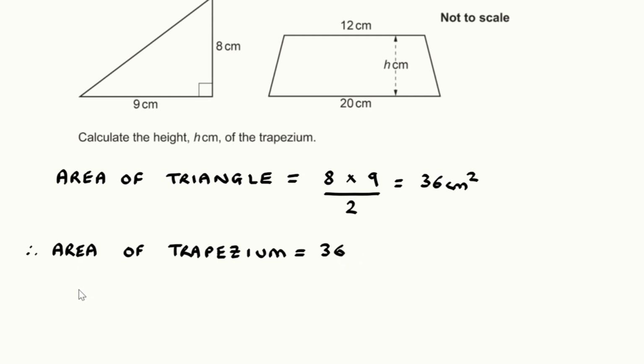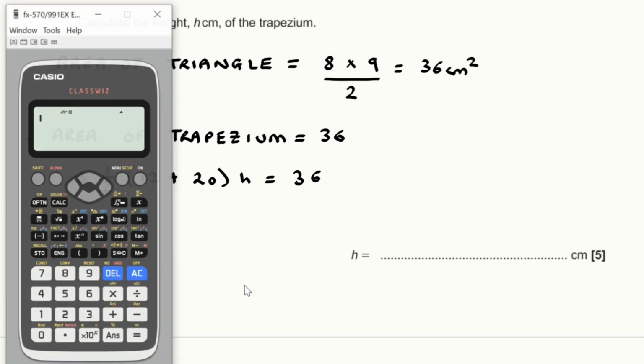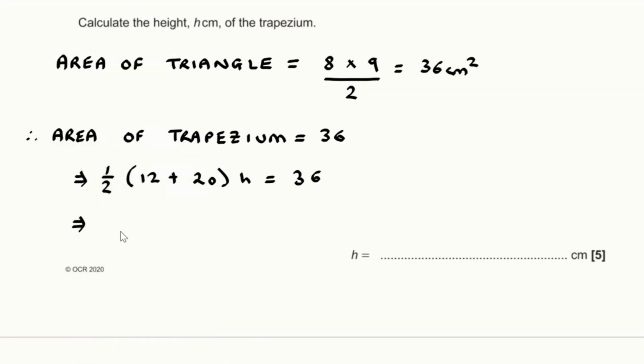And knowing that, how do I calculate the area of a trapezium? Well, that's 1/2 lots of the sum of the two parallel sides, 12 plus 20, lots of h. This is equal to 36. So what I can do now is find out what h is. So 12 plus 20 times 1/2 is 16.